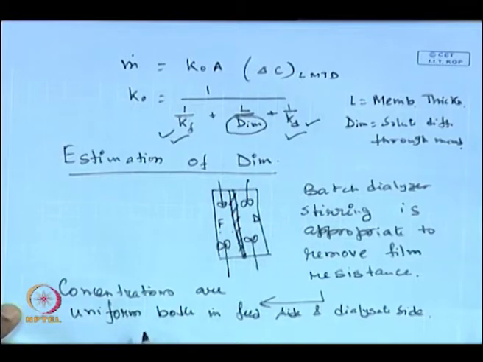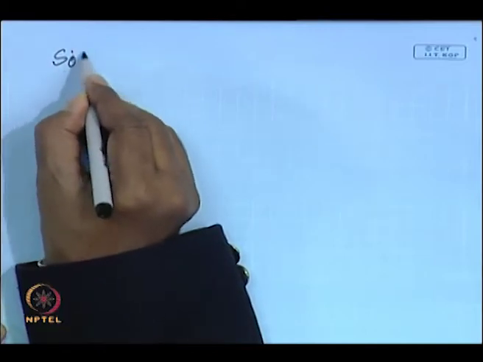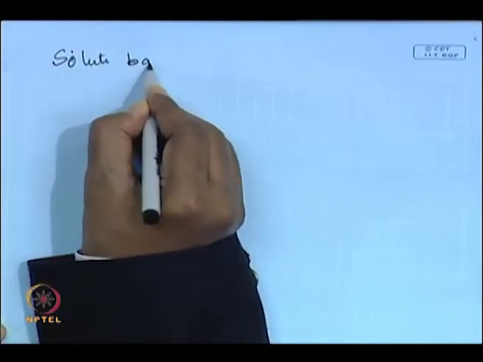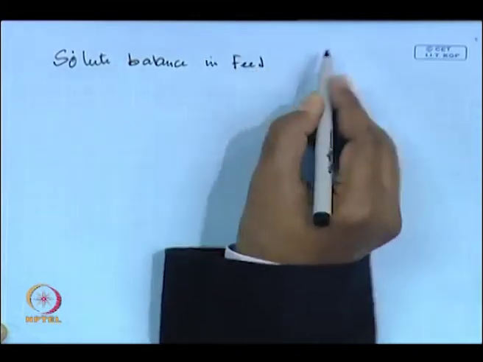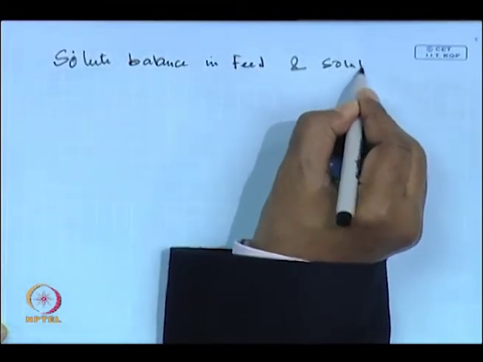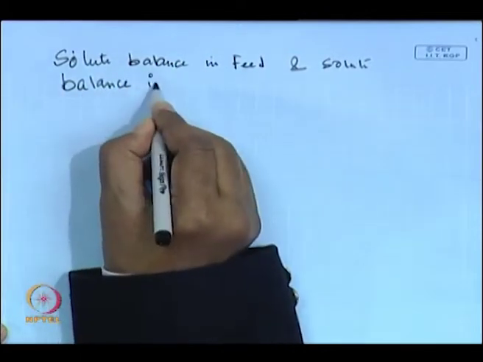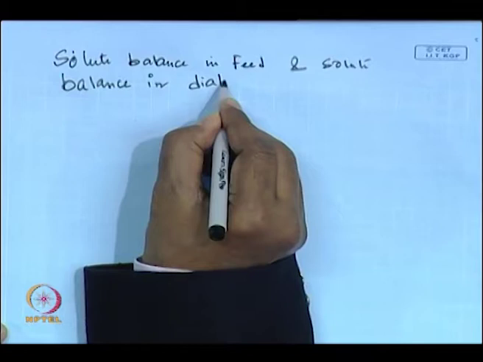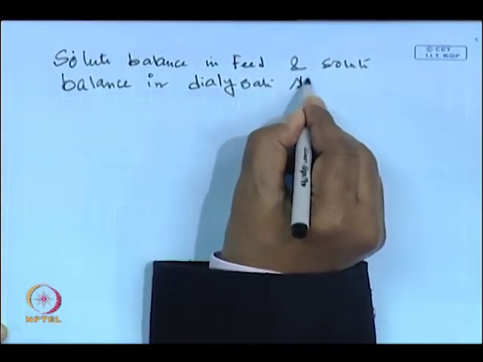Now, let us write down the governing equation of the solute balance in both the chambers. We do a species balance, that means solute balance in feed and solute balance in dialysate side.